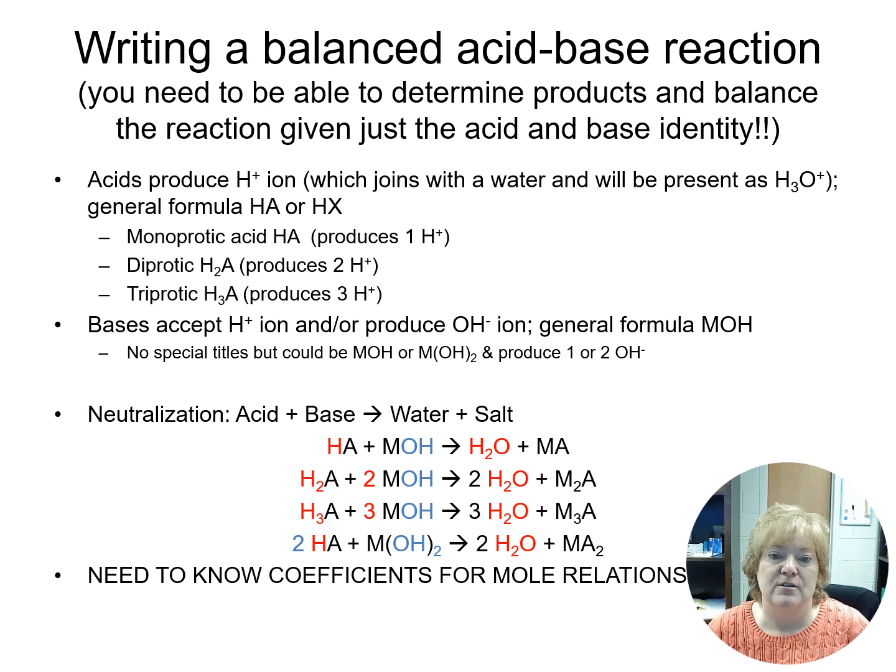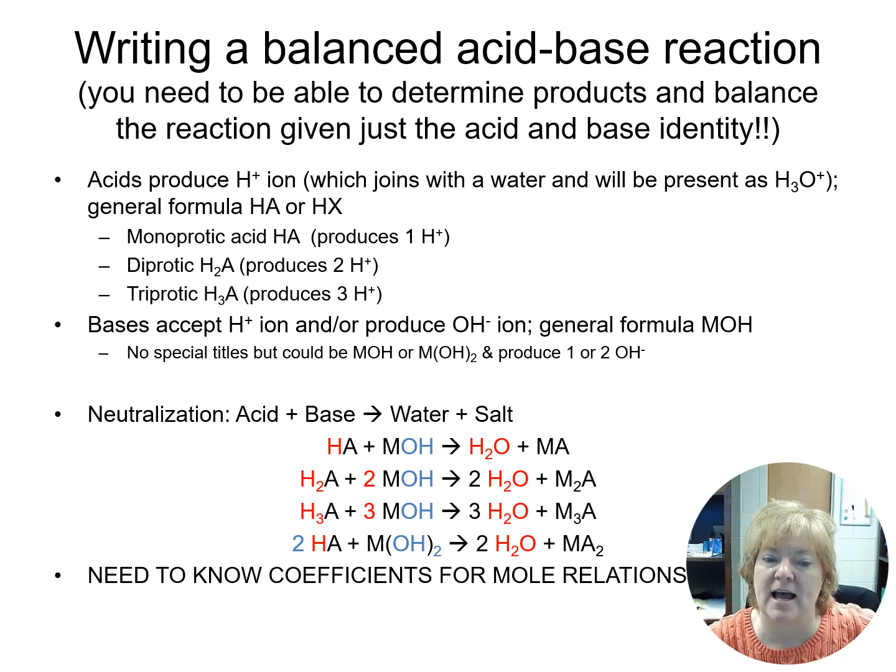If I have a diprotic acid and I have MOH, so in other words, just a base with just 1 hydroxide, then I'm going to need twice as much base. So because I need to have an equal number. So if I have 2 hydrogens, I have to have 2 hydroxides, and I will get that from having a coefficient of 2 for the base. And that's going to make 2 waters and an appropriate salt.